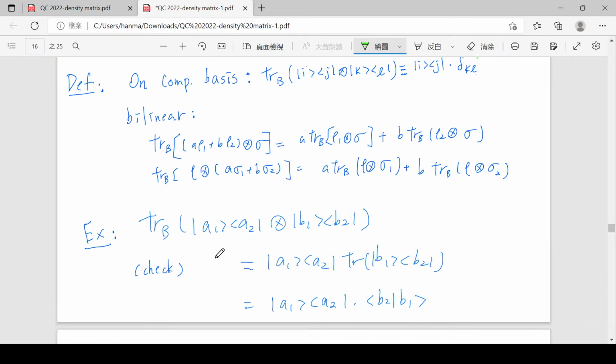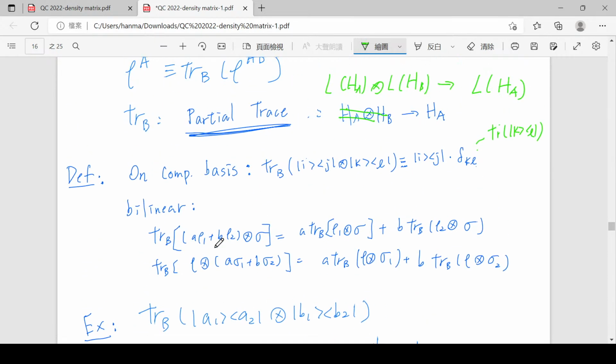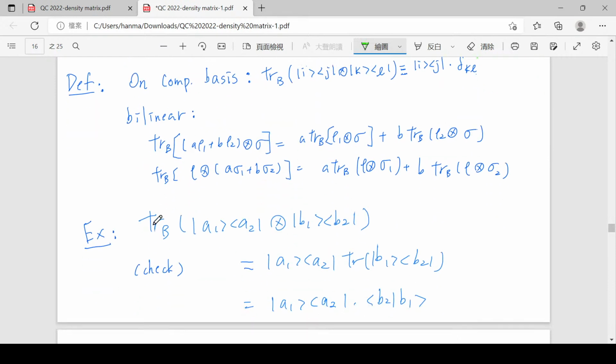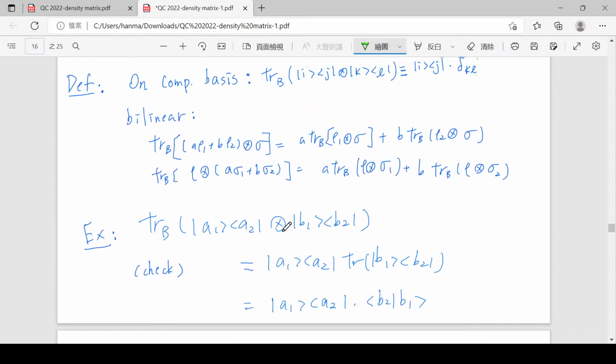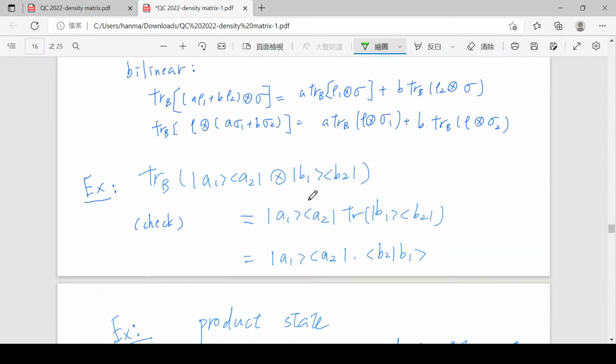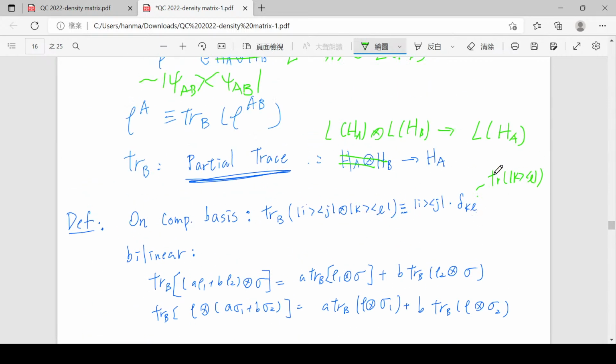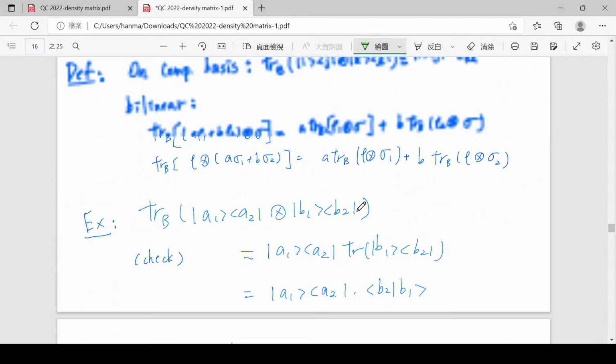So let's say something more complicated, but still quite pure. You partial trace some state as |A1><A2| tensor |B1><B2|. Then here we see that it's really like a trace. You preserve the A part and just trace the B part.